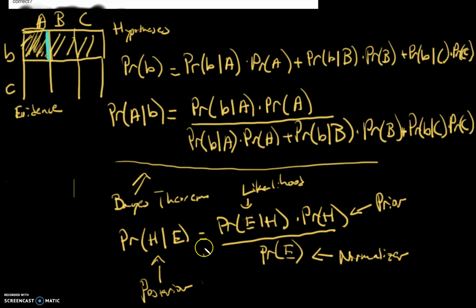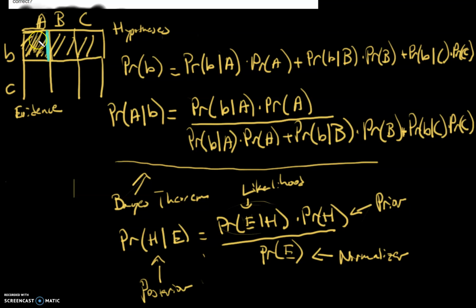So let's talk about the likelihood. This expression refers to this area right here. One thing to note is that this is actually not a probability distribution. You can kind of see it from here. This entire rectangle is a probability distribution, and this square only makes up a part of the rectangle.